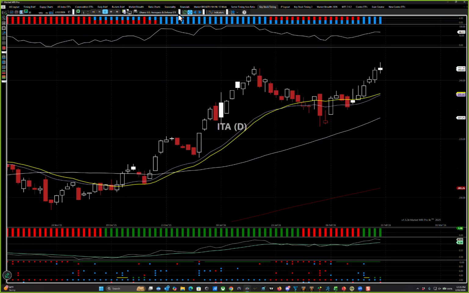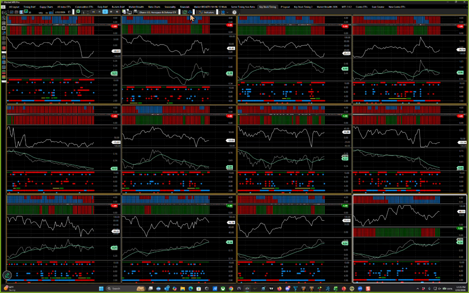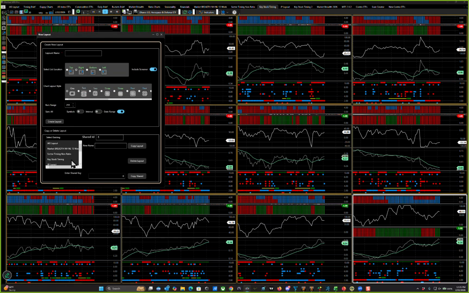So let me put these two in the box, and then we're going to go look at the JAS layout. So again, I'm going to go to new layout. I'm going to look at sector timing non-ratio. There's a shared ID, copy. I'm going to put it in the chat box. All right, that would be sector timing.